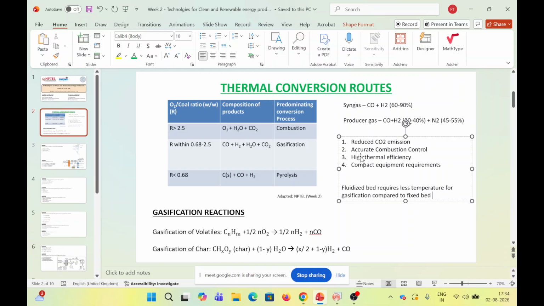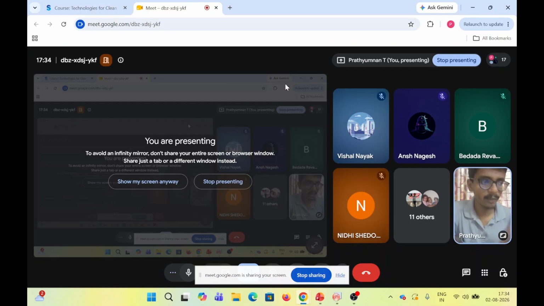Again, if I ask how does it really affect the process, anyone who would be willing to let me know? It's okay, a fluidized bed requires less temperature for gasification compared to a fixed bed, but how is it actually going to help me, or what is the practical advantage that I am going to get by using a fluidized bed in comparison to that of a fixed bed? Anyone? One reason is less temperature is required for the gasification process. But how is it going to give any sort of practical advantage to me?